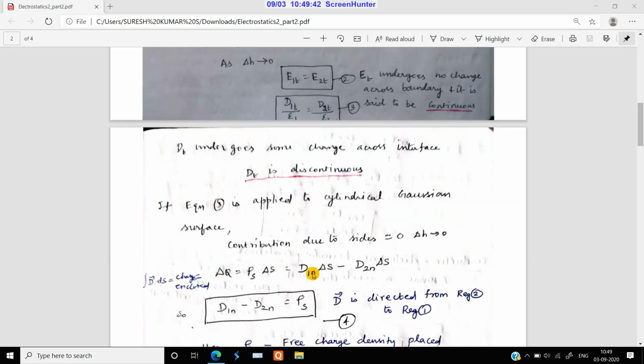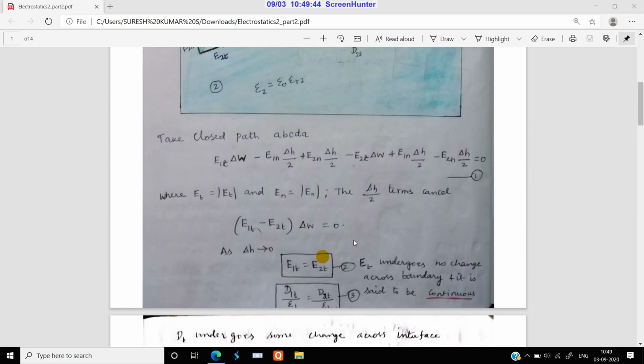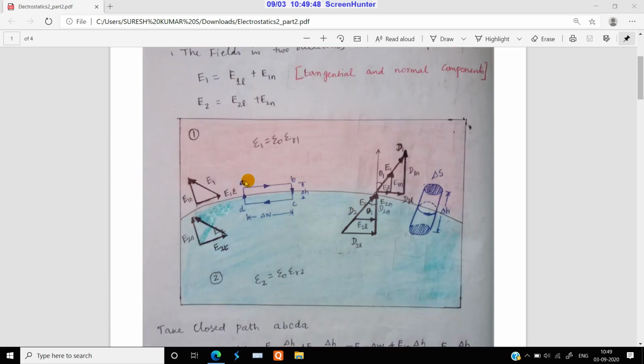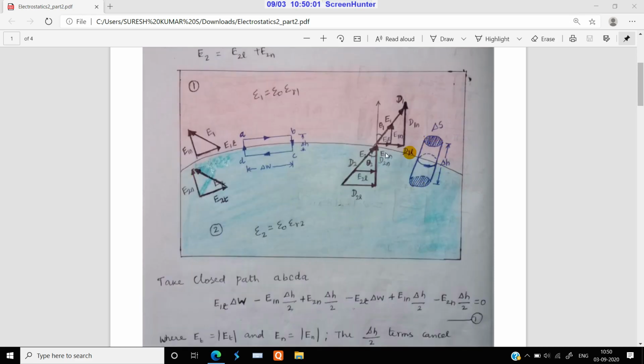If equation 3 is applied to the cylindrical Gaussian surface, we take the charges which are going to be accumulated in the dielectrics, that is dielectric 1 and dielectric 2, due to the application of the electric field.